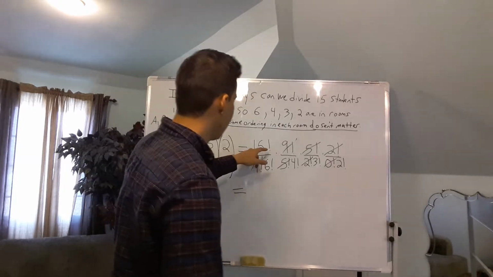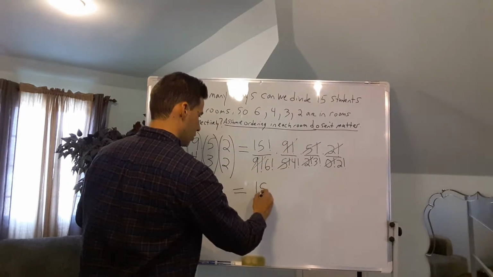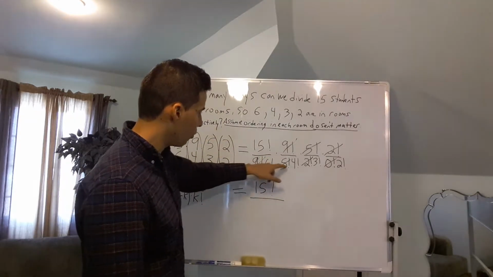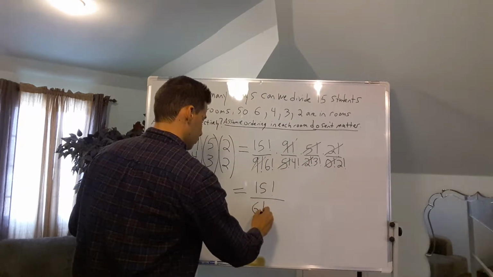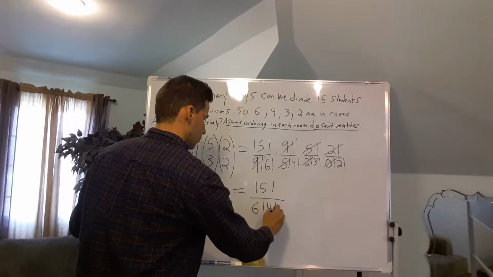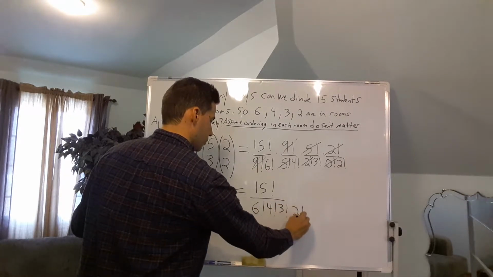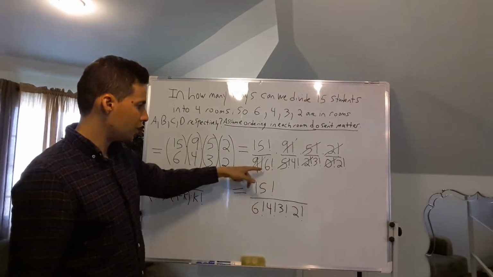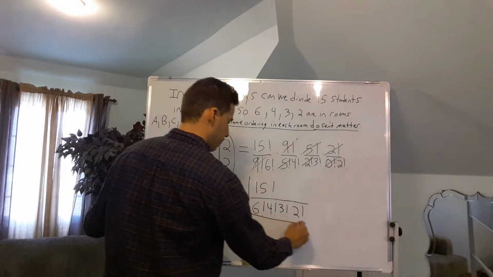At the top we only have 15 factorial in the numerator left. On the bottom we have 6 factorial, 4, 3, and 2 factorial. So this is the formula we're using, and we simplify to this. This is going to be the answer.